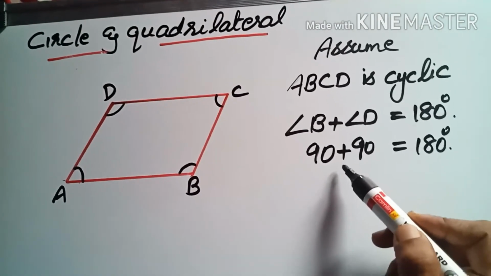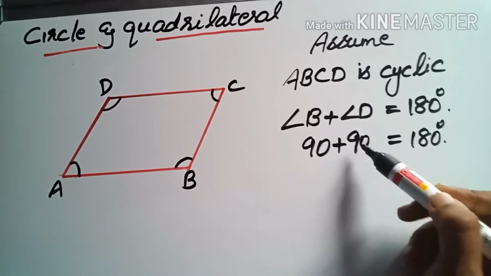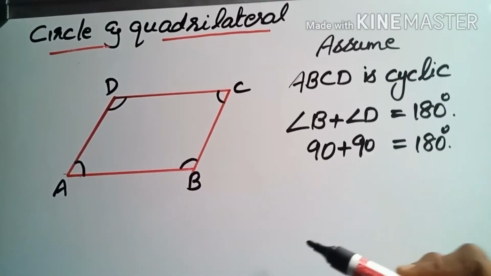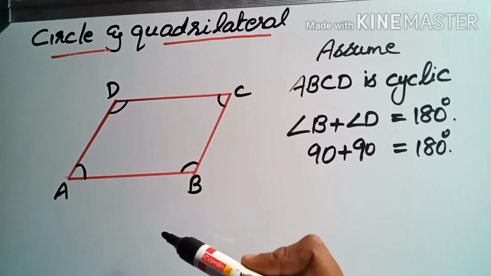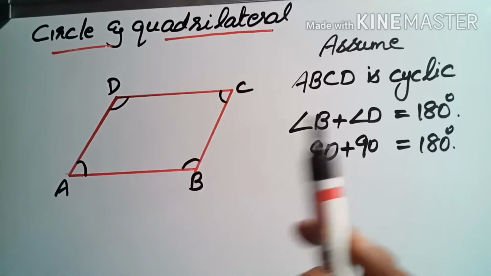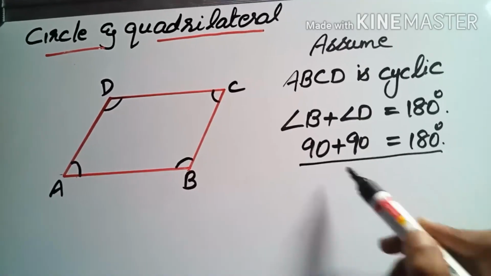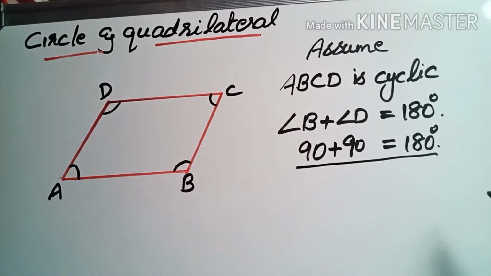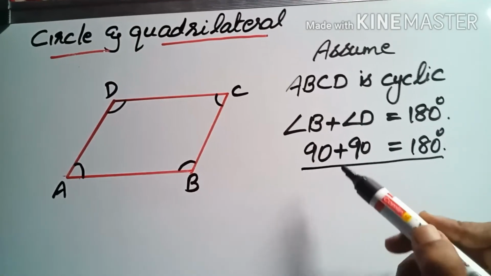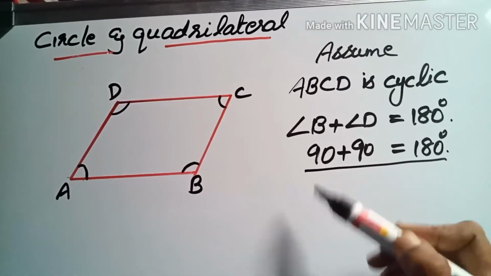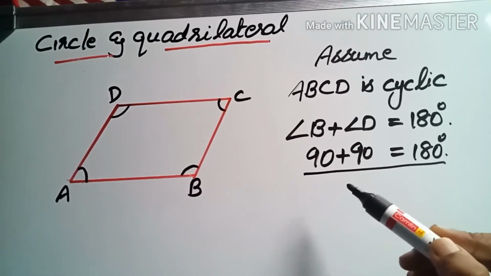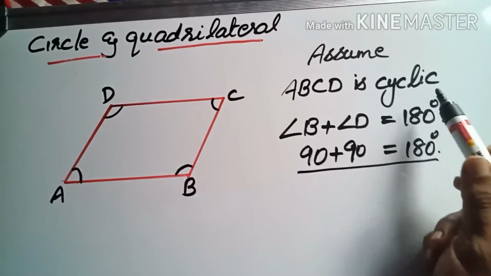It is not possible. 90 plus 90 is possible only for the rectangle. But here in the question it is given that the parallelogram is other than a rectangle. So only a rectangle can be a cyclic quadrilateral. Among parallelograms, only the rectangle can be a cyclic quadrilateral.